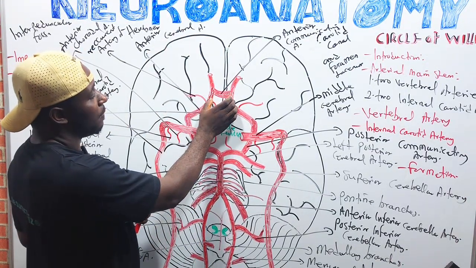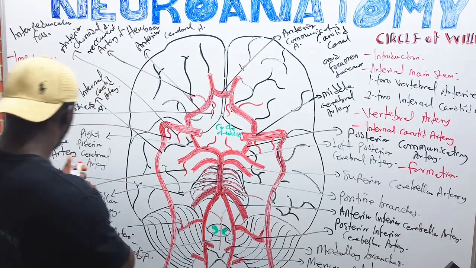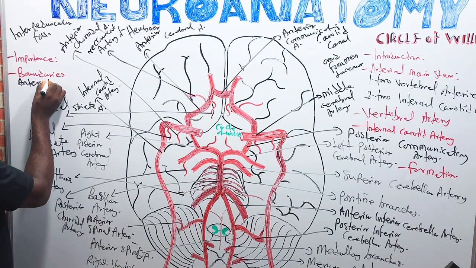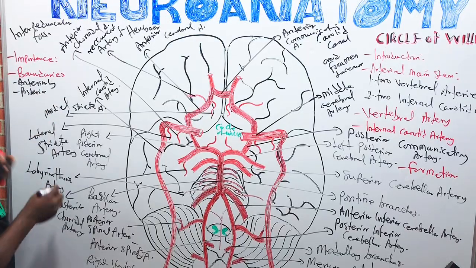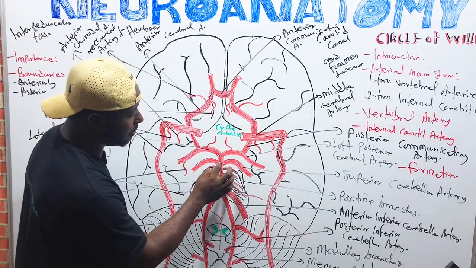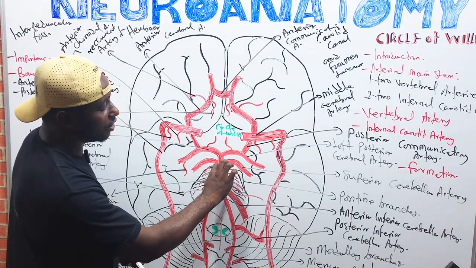You can see it here, the branches of the anterior cerebral arteries. Posteriorly, it is formed by the branches of the basilar artery. You can see the basilar artery here, and the branches of the basilar artery in this region.